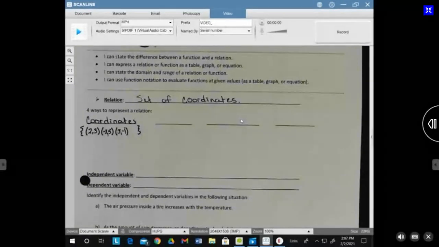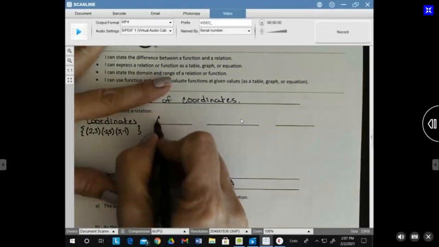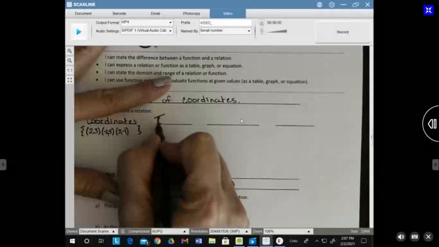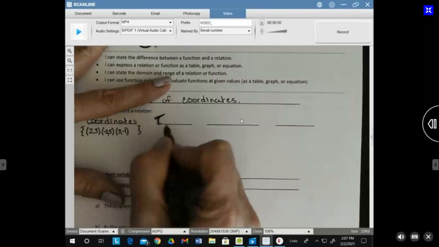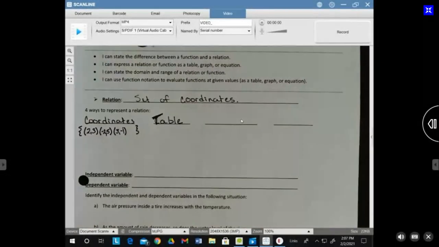Lena, you want to move up here? Okay. All right. Another way of showing coordinates, one that's going to look awful funky. That's supposed to be a T, a table, right?